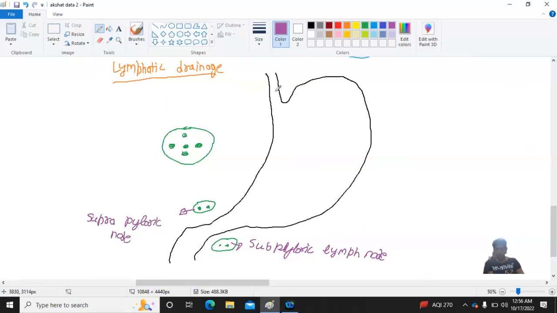Then here is an important lymph node, another: these are called the right gastric lymph nodes. Done.